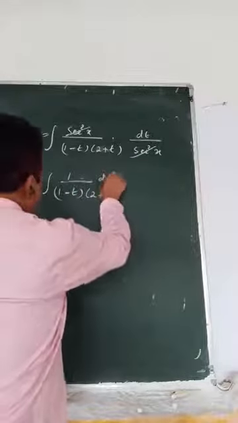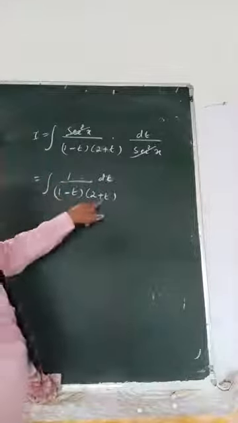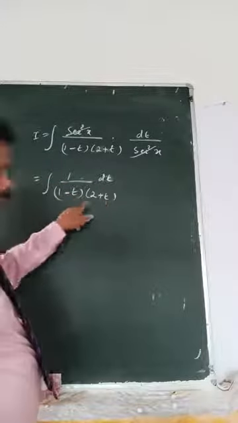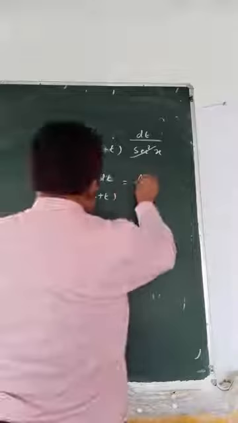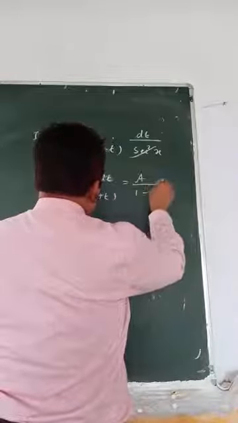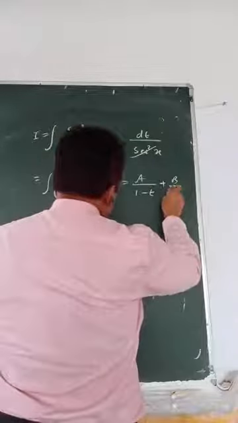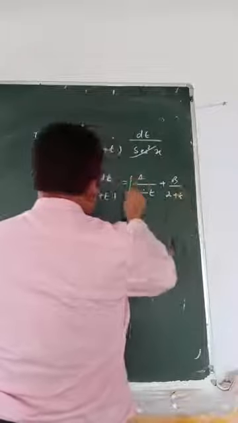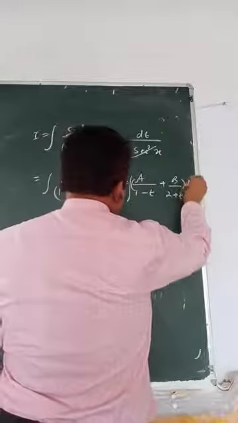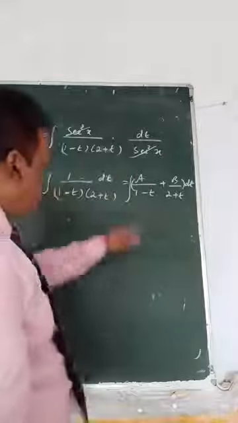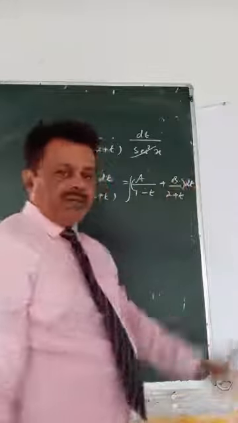Numerator is 1. So two linear functions which are not repeated. So that will be a by 1 minus t plus b by 2 plus t dt. Same method, now we will find the values of a and b.